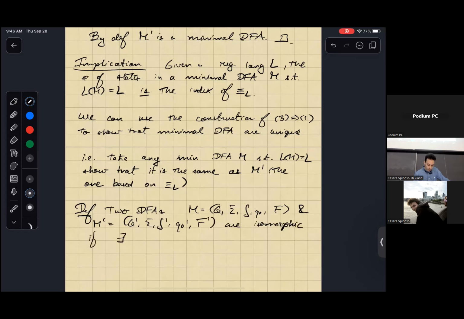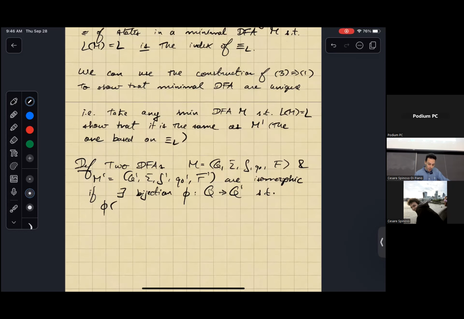If there exists a bijection, so I hope you remember what a bijection is, from the set of states of M to the set of states of M prime, such that the bijection satisfies the following properties. The bijection maps the start state of M to the start state of M prime. The bijection also, given an accept state of M, maps it to an accept state of M prime. So that's the first and second property.